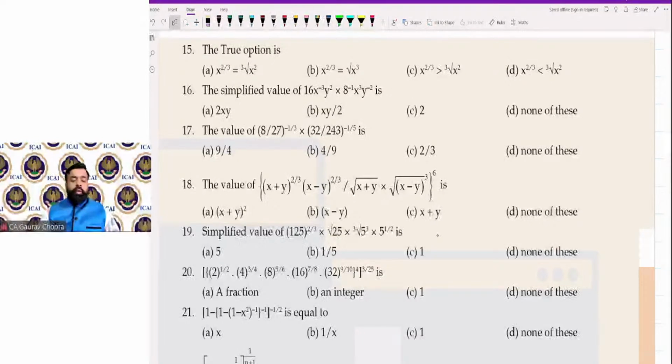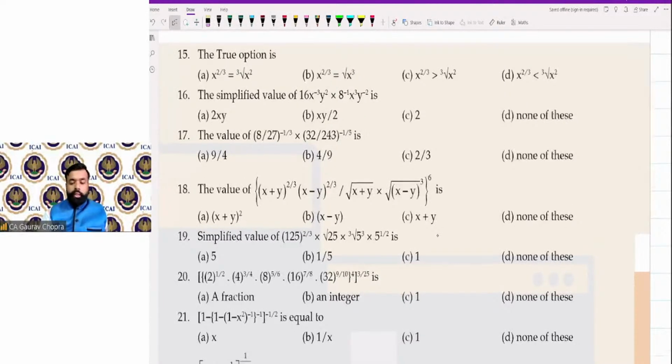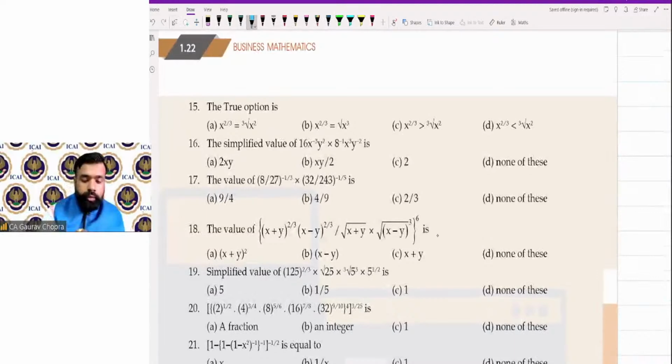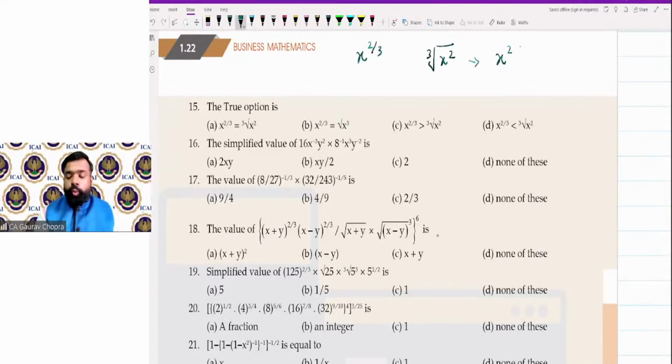Fifteenth one, which is correct? x is having power 2 by 3. And on other side, it is cube root of x square. So cube root can be written as power 1 by 3. So we will write x square multiplied by 1 by 3.